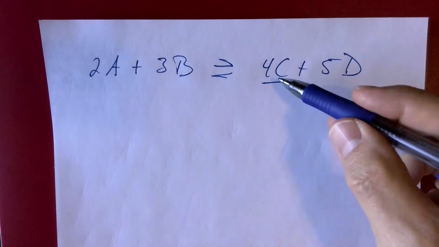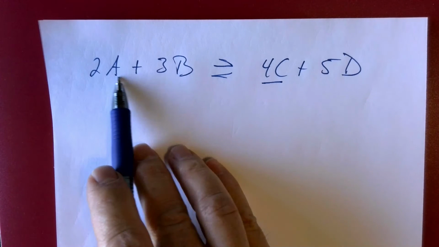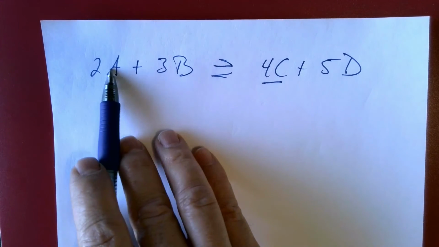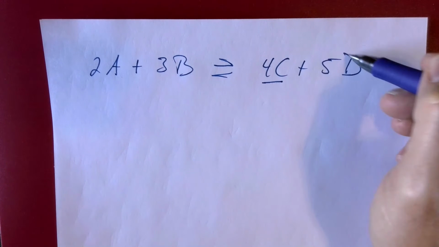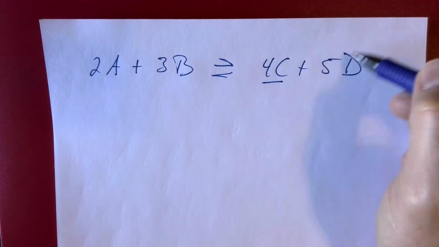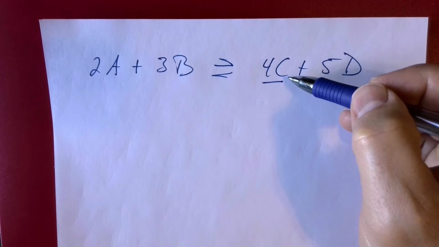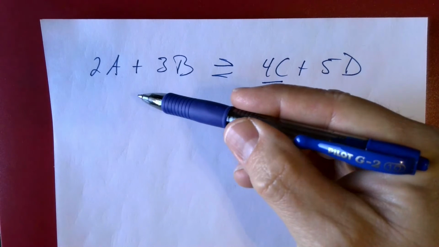But let's say I'm selling C, right? So I mix my two chemicals A and B together, and they're gonna react, and they're gonna start to produce C and D, right? After a while, though, I'm gonna have enough C and D that this reaction is gonna start doing what? Yeah, it's gonna start going back the other way, right?